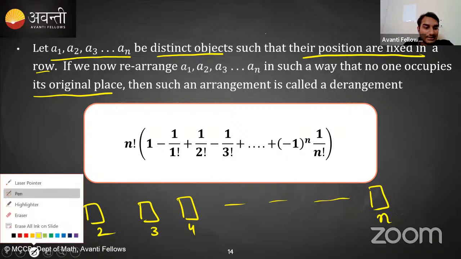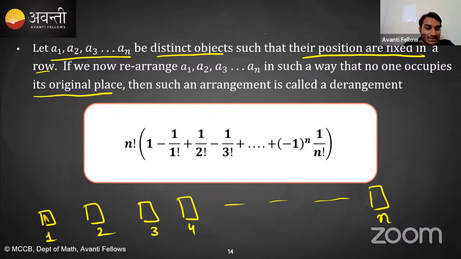So on these seats, originally person A1 was sitting on seat 1, person A2 was sitting on seat 2, person 3 was sitting on seat 3, and the nth person was sitting on seat n. So now you have to rearrange these persons such that A1 will never get to sit on seat number 1, A2 never gets to sit on seat number 2, A3 never has to be seated on seat number 3.